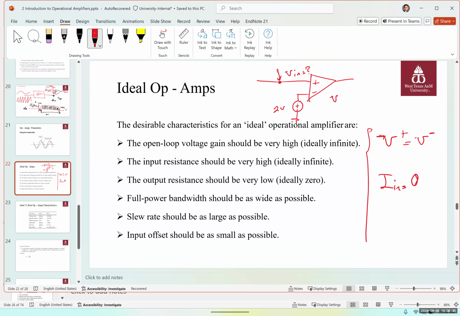Since V positive, which is this voltage, is always equal to V negative, V negative is equal to 2 volts. And what is the current going inside? 0. So always they would share the same voltage, and the input current is always equal to 0.